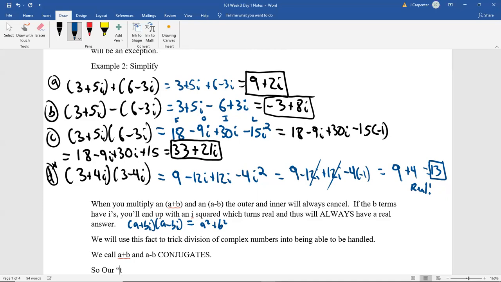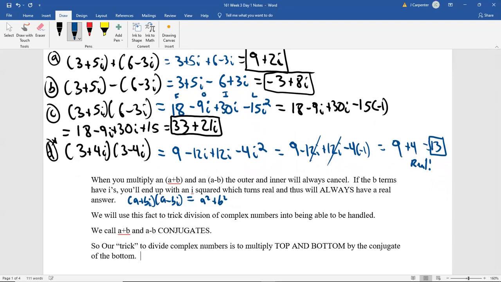Our trick to divide complex numbers: multiply top and bottom. You have to do this top and bottom because you can't just change the bottom, you're changing what the value is.